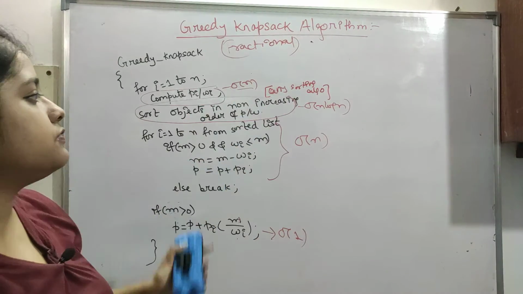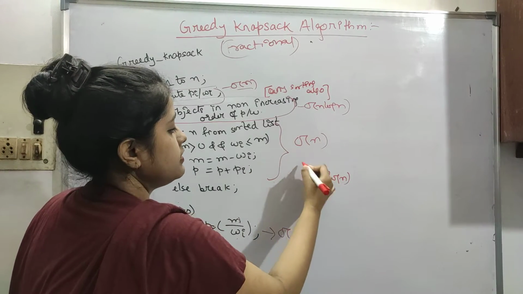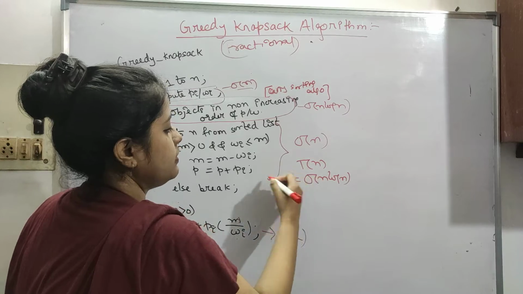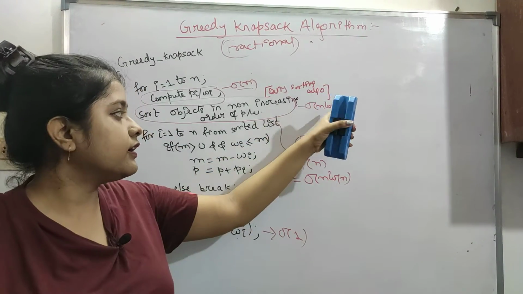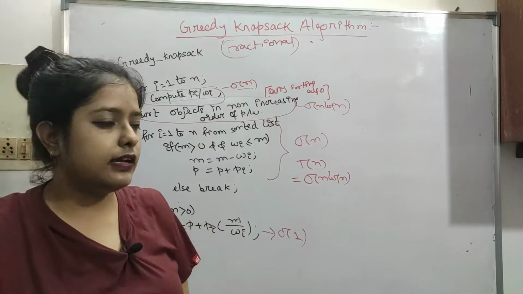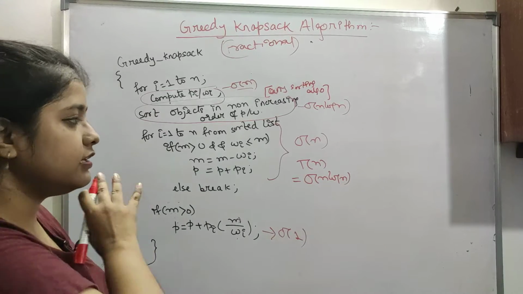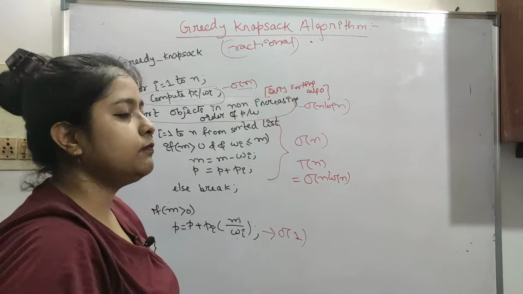Among all of these, which is the highest? n log n is the highest, so it is our time complexity: order of n log n. This is the highest because the sorting algorithm we are taking is n log n. So this is our time complexity. Let's move on to more examples, so it will be clearer to you.